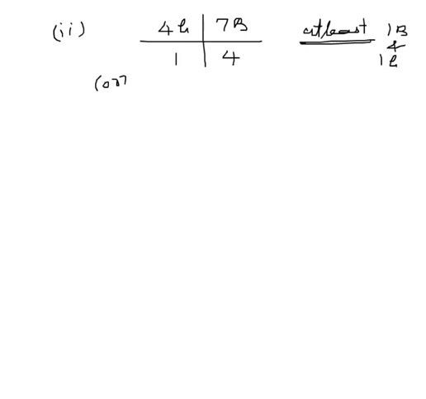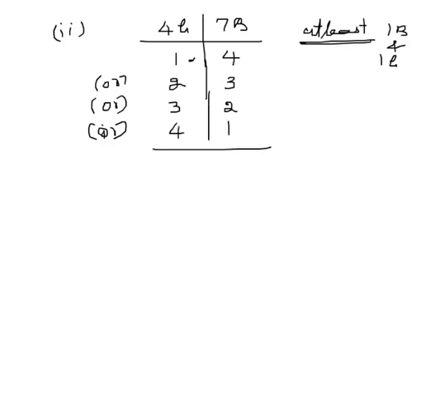Or if we select 2 girls, we have to select 3 boys. Or if we select 3 girls, we have to select 2 boys. Or if we select 4 girls, we have to select 1 boy. Here we have and.